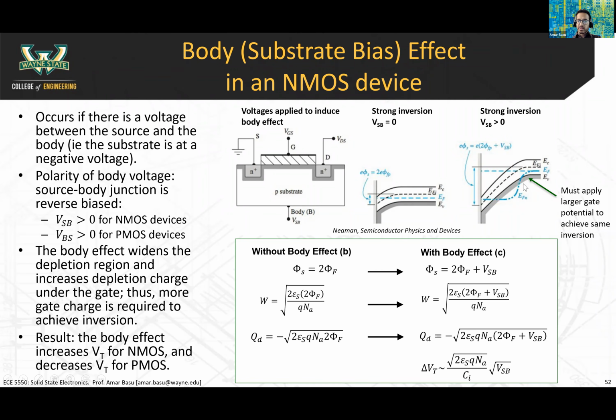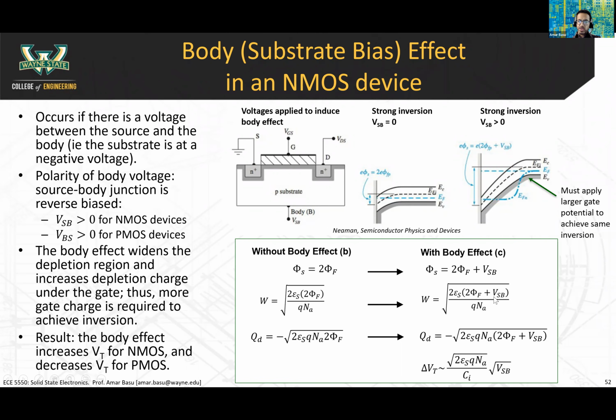We basically said, because you have the source to body voltage, the body's at a higher Fermi level, so you have to apply that much more gate potential in order to achieve this inversion or band bending. That is what this statement is saying here. But what we're adding, to build some additional intuition, is that by having more of this band bending, this term in the depletion width goes from 2 phi F to 2 phi F plus VSB.